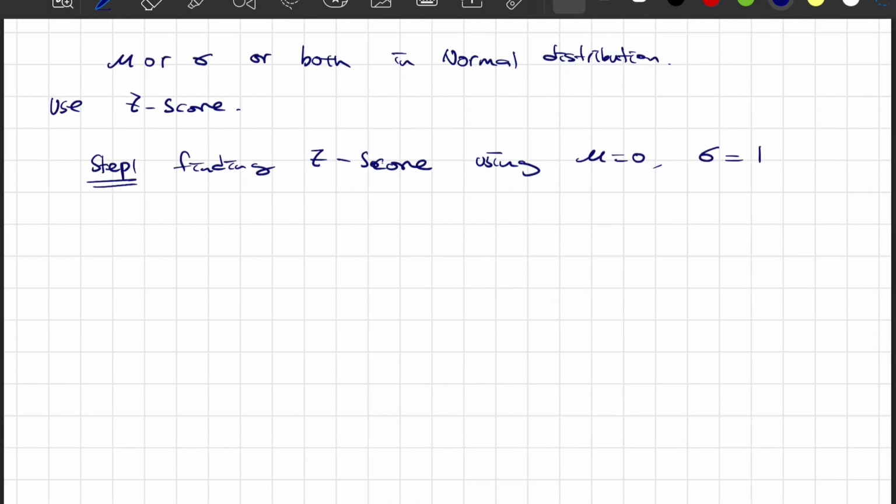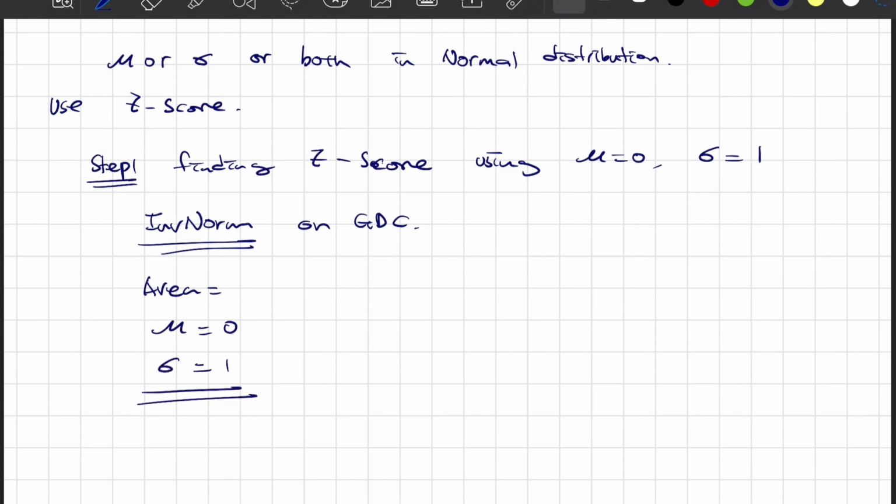We can directly use the inverse norm tab on your GDC, and you use the area from the question. For the mean you always use 0, and for the standard deviation you always use 1. This is something that never changes.